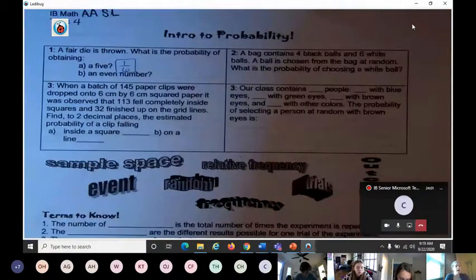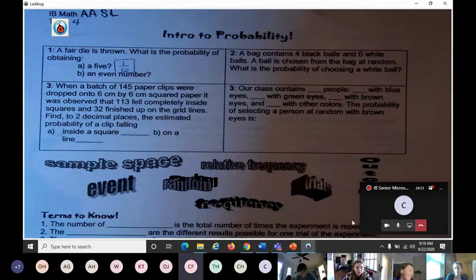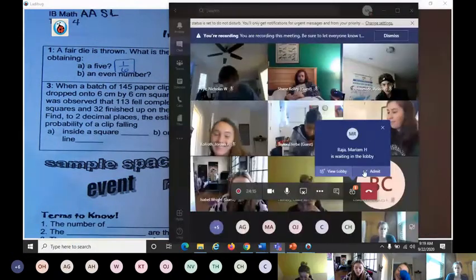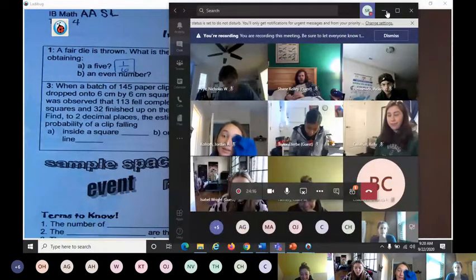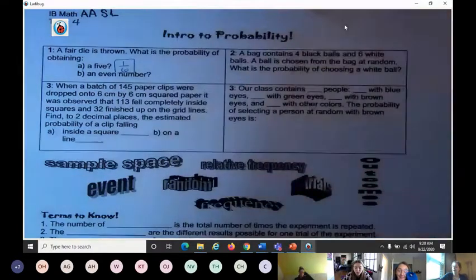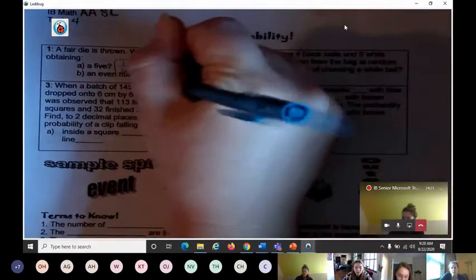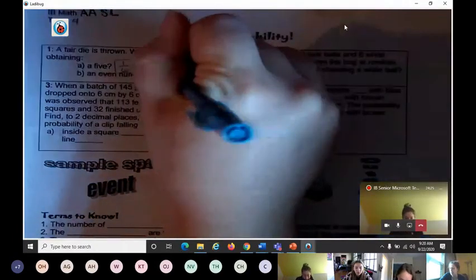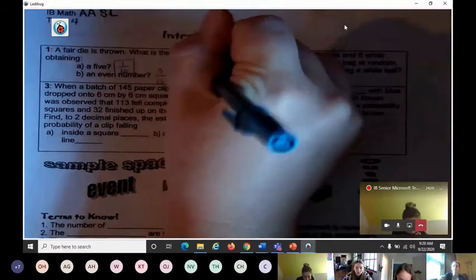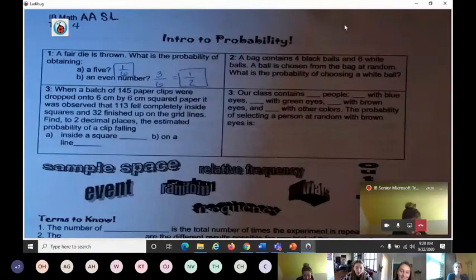And then, Claire, can you tell me what the probability of rolling an even number will be? 1/2. Yes, 1/2. So we have 3 possible even numbers out of 6 total sides on the die. This simplifies down to 1/2. Thank you. Okay, so fairly straightforward. Let's do example 2.